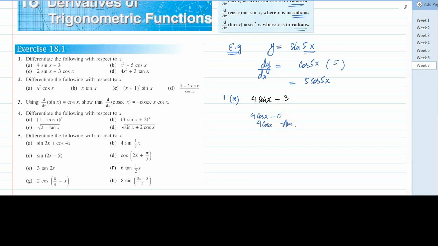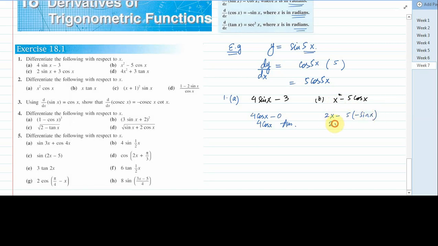Similarly, for the next part, part B, it says x square minus 5 cos x. When you differentiate it, the derivative of x square is 2x, minus the derivative of cos, which is minus sin x.